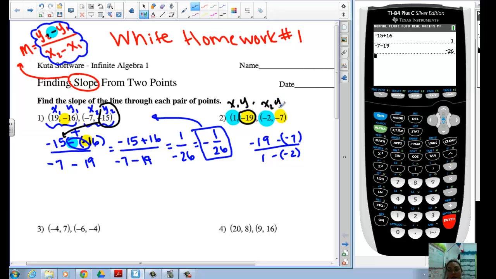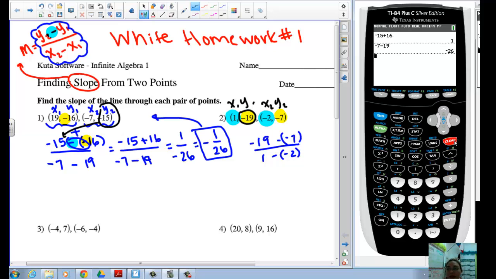Now, if you notice, the formula calls for y2 first. It doesn't matter which way you subtract as long as you subtract the numbers. And you have to stay consistent. For example, if you do negative 19 minus negative 7, you have to do 1 minus negative 2. You can't switch negative 2 and 1 and try and subtract them. It has to be consistent.